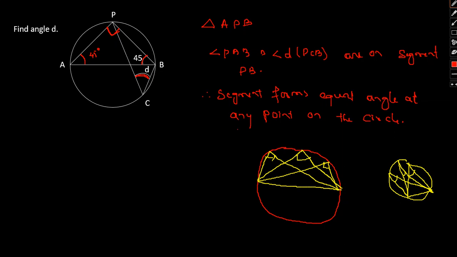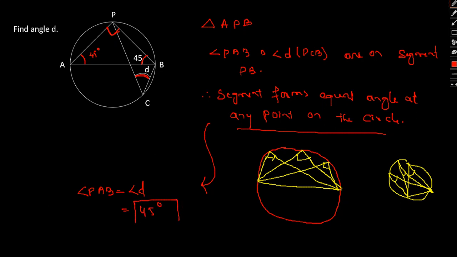So from this we can conclude that angle PAB will be equal to angle D, that is 45 degrees. Okay, so that will be our answer. I hope this concept is clear to you.